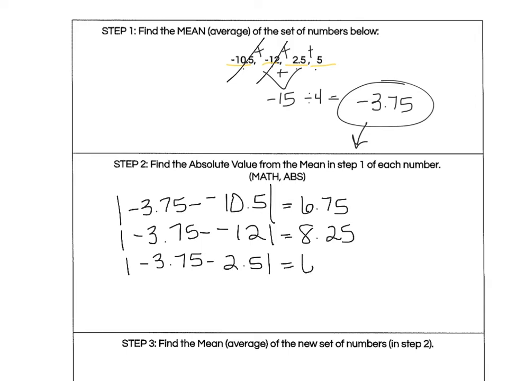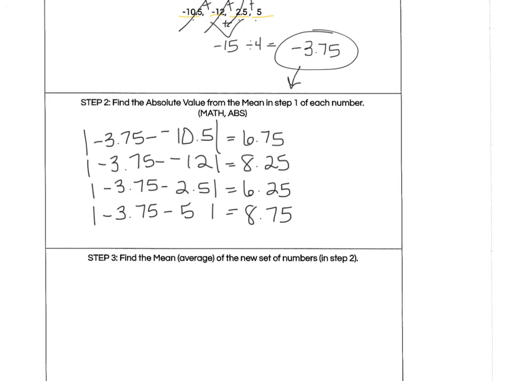And that is 6.25. The last number 5. So negative 3.75 minus 5. And that is 8.75. Okay, so this is my new set of numbers.